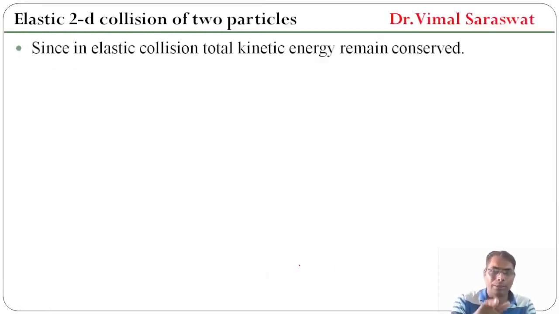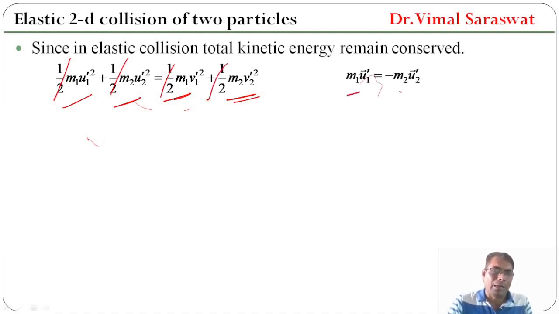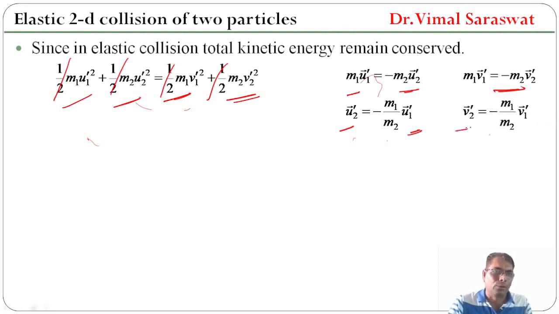Since in elastic collision total kinetic energy remains conserved, half m1 u1 dash square plus half m2 u2 dash square equal to half m1 v1 dash square plus half m2 v2 dash square. Now the half will be cancelled out. Also m1 u1 dash equal to minus m2 u2 dash. So u2 dash equal to minus m1 upon m2 into u1 dash, and m1 v1 dash equal to minus m2 v2 dash, so v2 dash equal to minus m1 upon m2 into v1 dash.